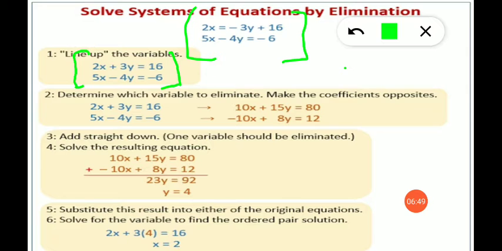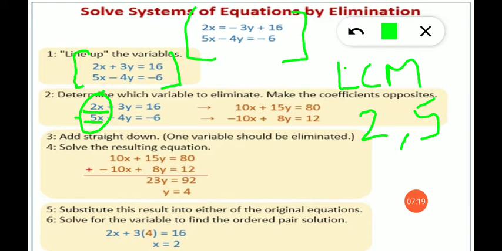Then now you have to choose which variable you want to eliminate. Suppose we want to eliminate x. So the better way to find out how to make the coefficients the same is to take out the LCM of the two coefficients, that is 2 and 5.